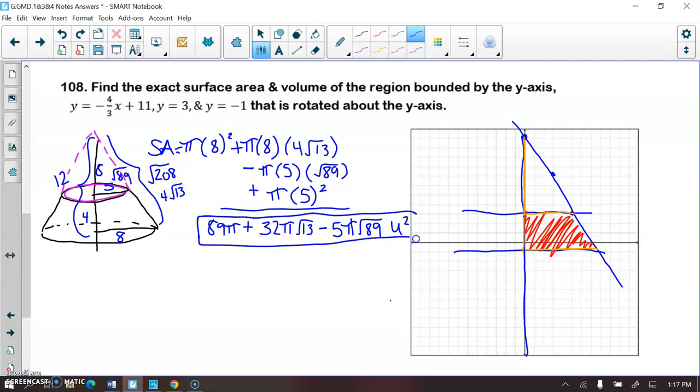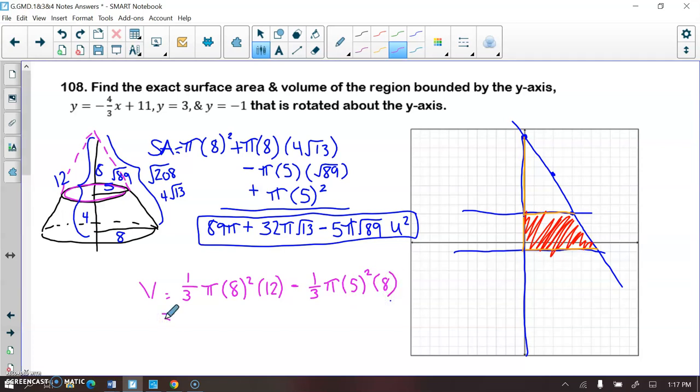Okay, so now we're going to do the volume, which I'm going to do the volume of the large cone minus the volume of the small. So 1/3 pi times my radius, which is 8, squared, times my height, which is 12, minus 1/3 pi times my radius of my small cone, squared, times the height of that small cone, which is 8.